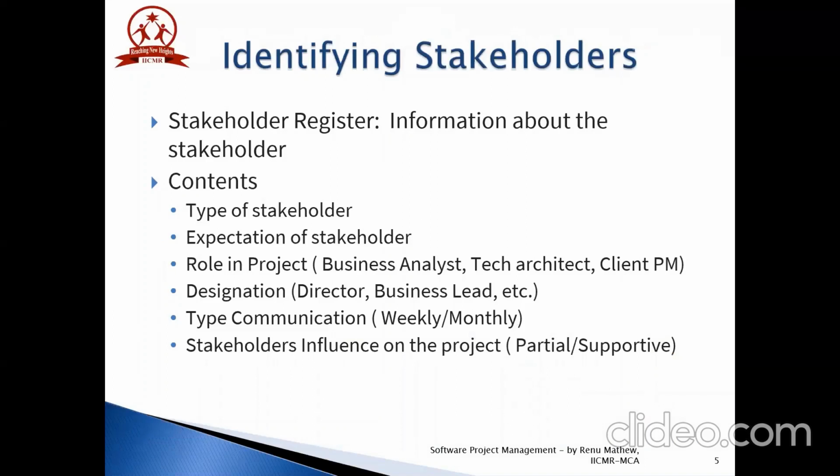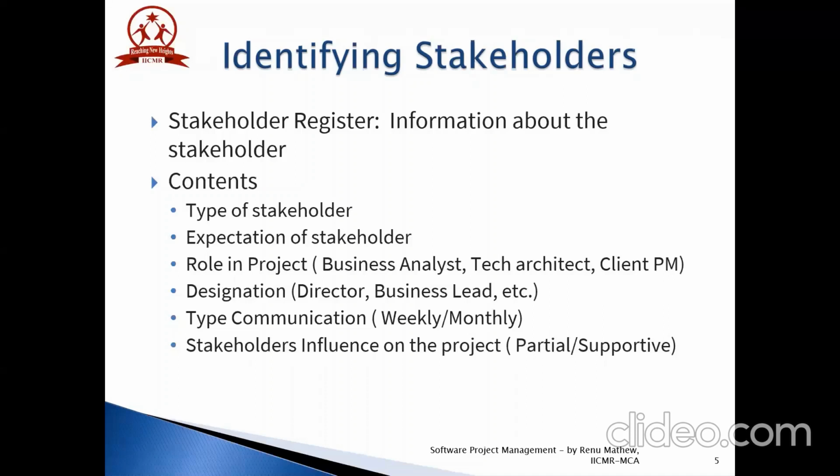A stakeholder can influence the success or failure of the project. To note down the information about the stakeholder, a stakeholder register is used. The stakeholder register will have information like type of stakeholder and their expectations, their role in the project, whether a business analyst or a technical architect or a client project manager.